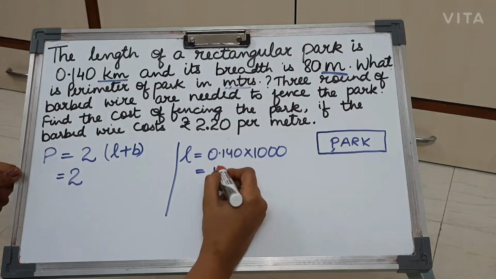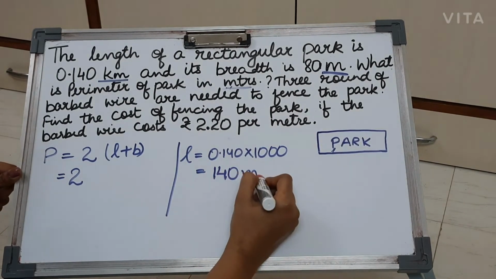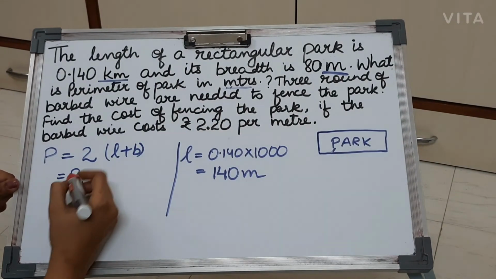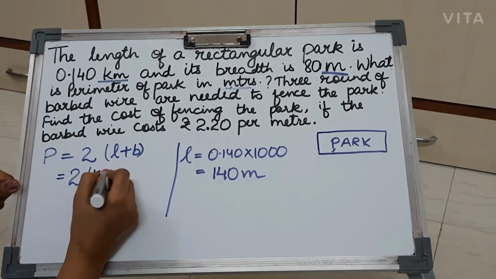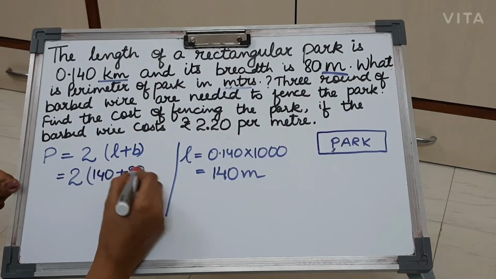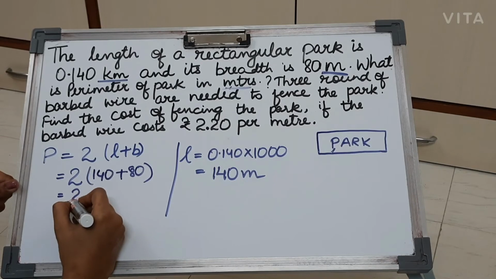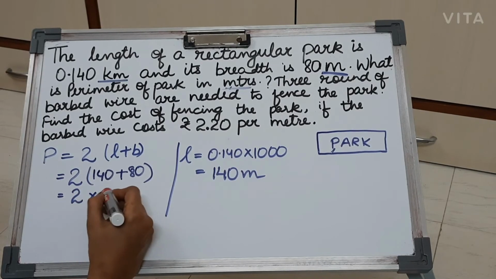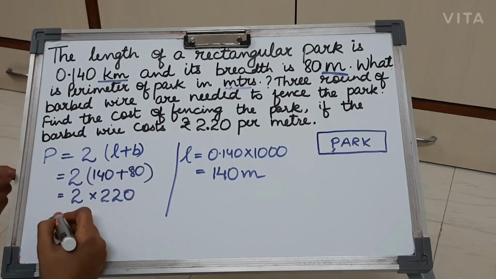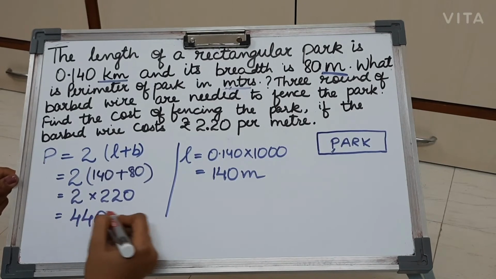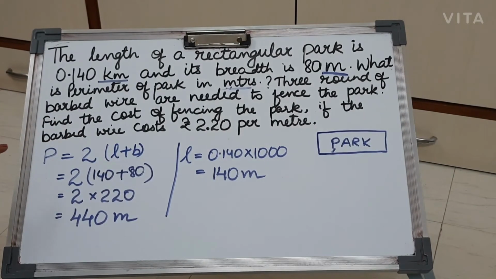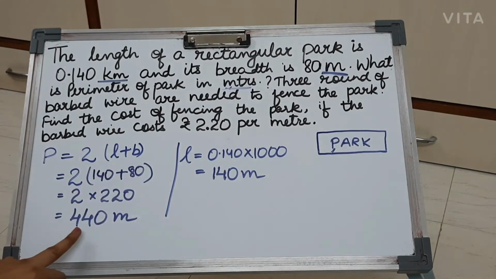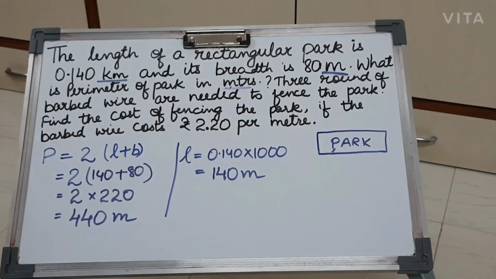So we multiply it and we get the answer as 140 meter. Okay. So 140 plus 80 given is equal to what? 2 into 220, that is 440 meter. Now we got the perimeter of this rectangular park as 440 meter. Now the first question is finished.